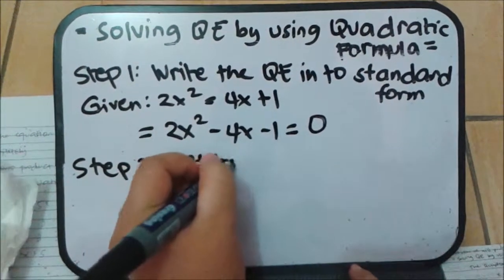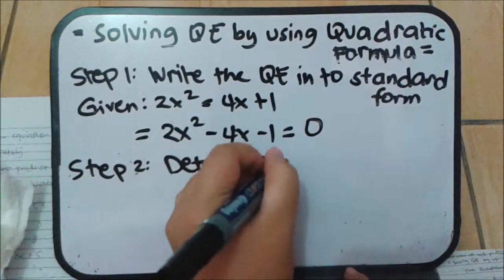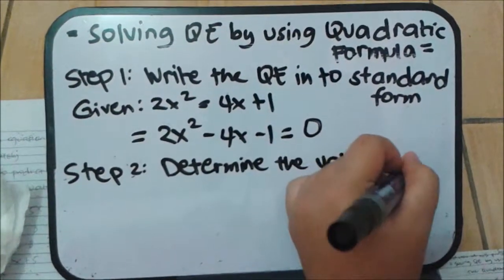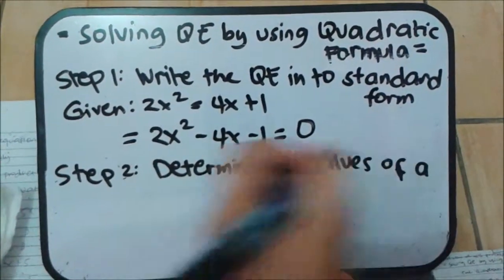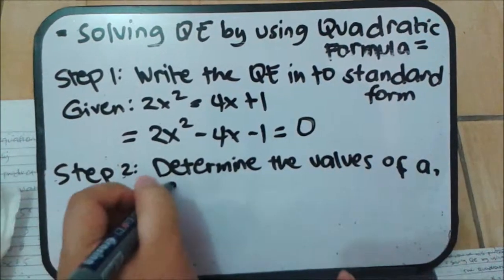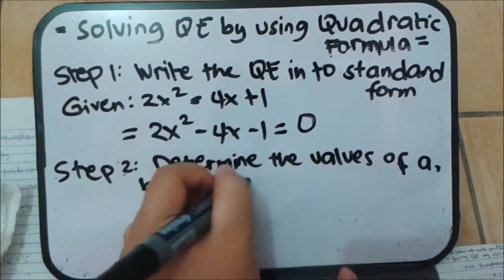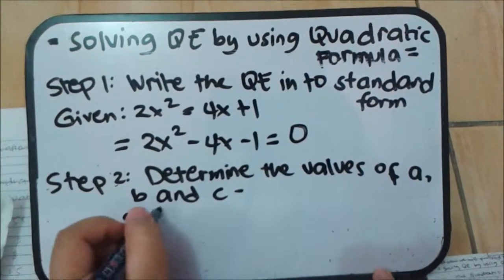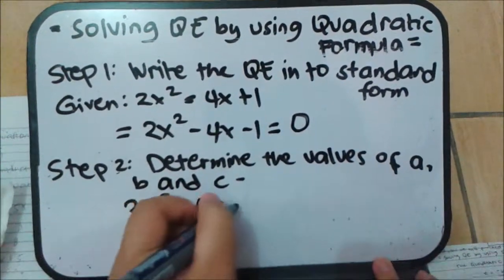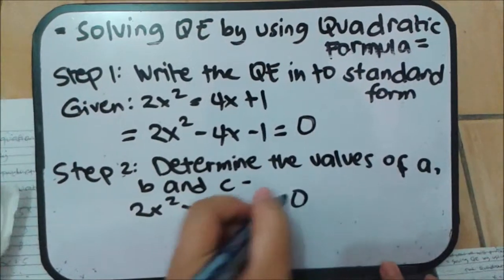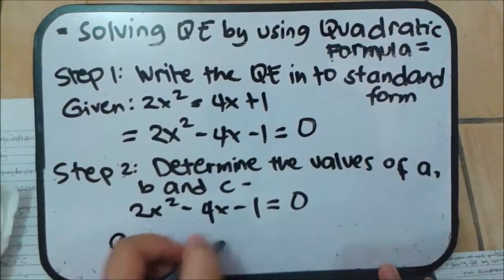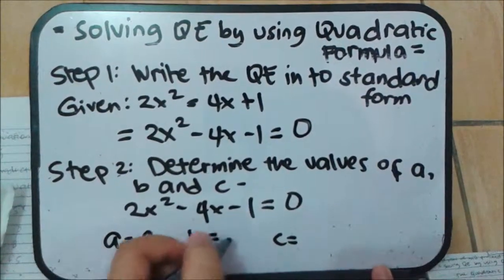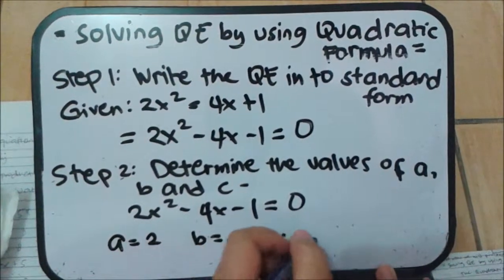Step 2, determine the values of a, b, and c. 2x squared minus 4x minus 1 equals 0. A is 2, B is negative 4, and C is negative 1.